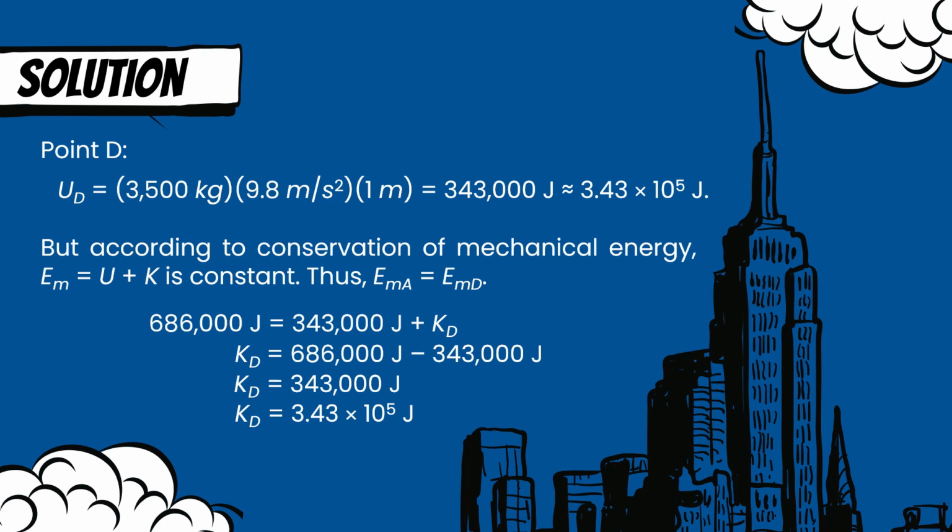But again, according to the conservation of mechanical energy, E sub m is equal to U plus K, which is constant, and thus the mechanical energy at A is equal to the mechanical energy at D. We have 686,000 joules, which is equal to 343,000 joules plus K sub D, where K sub D is now equal to 686,000 joules minus 343,000 joules. Now K sub D is equal to 343,000 joules, or 3.43 times 10 raised to 5 joules.